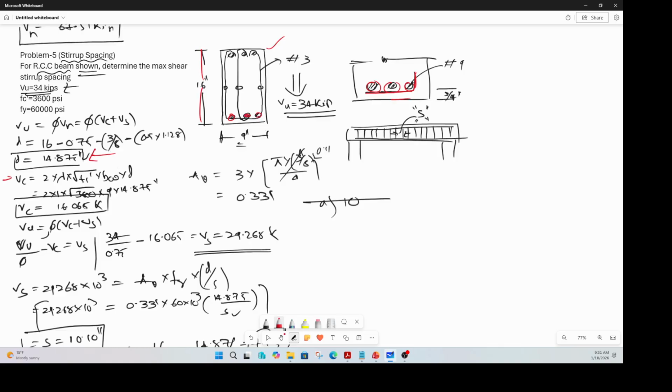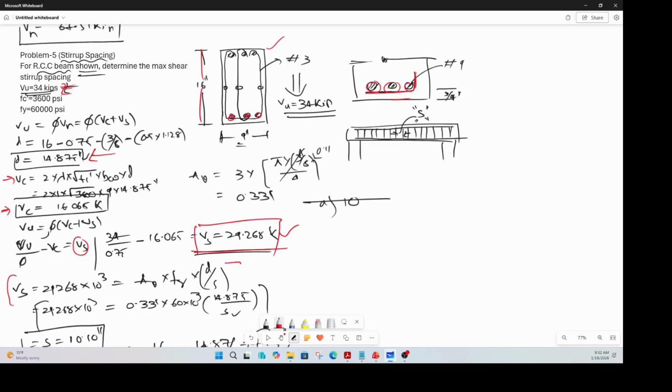We found how Vc can be calculated. Vc is the shear strength that concrete can offer. Then we found what Vs should be, because we have been given an overall Vu. So the shear reinforcement has to take this much load.